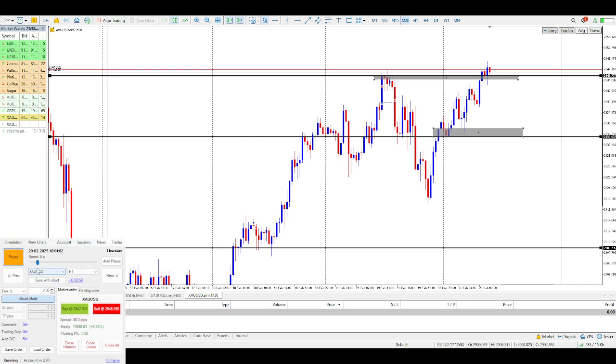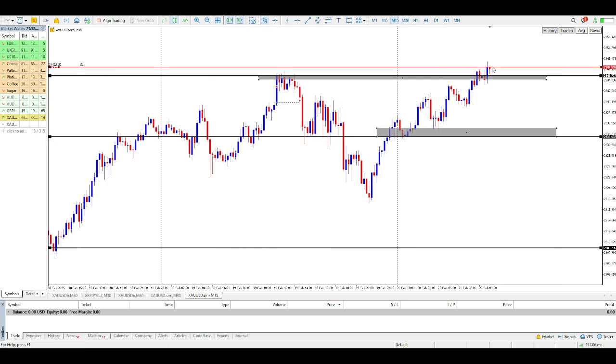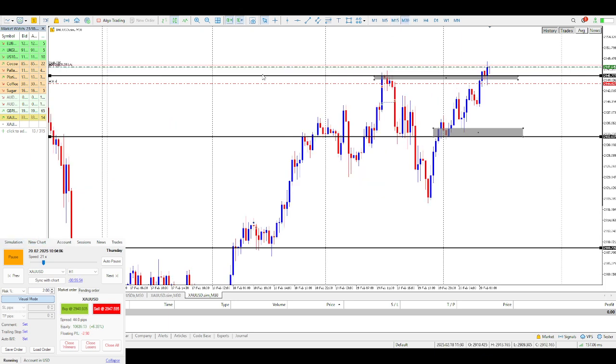The reason why I didn't take the trade is because this is again a trend continuation setup.